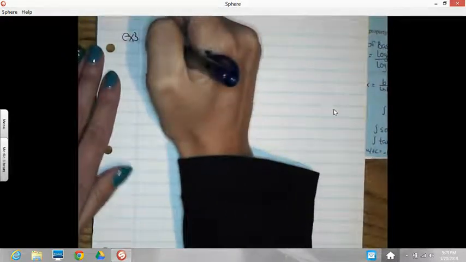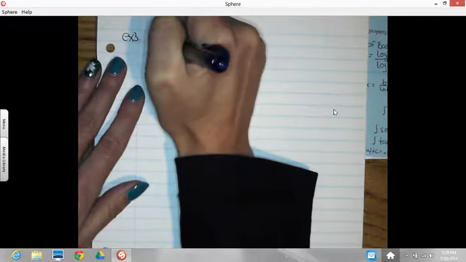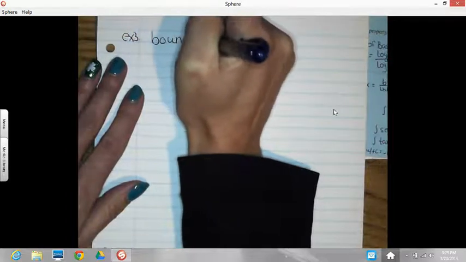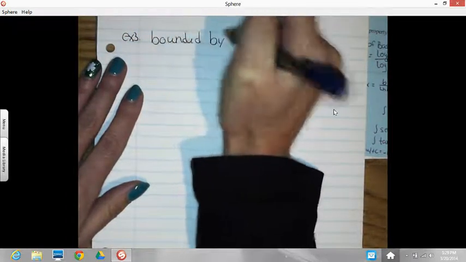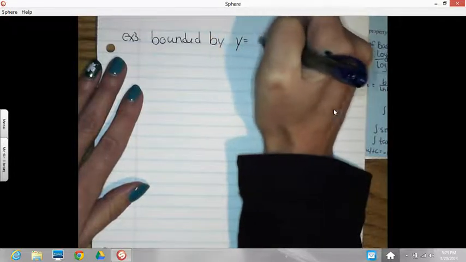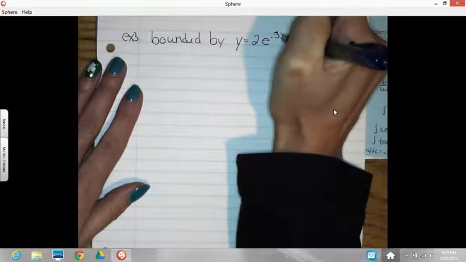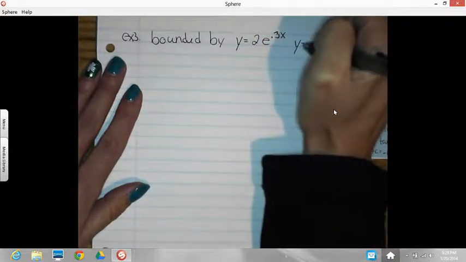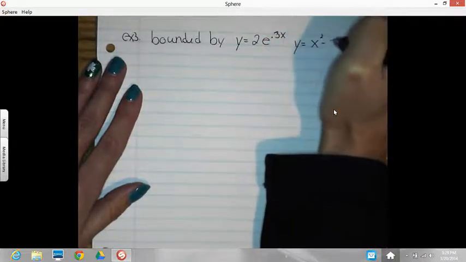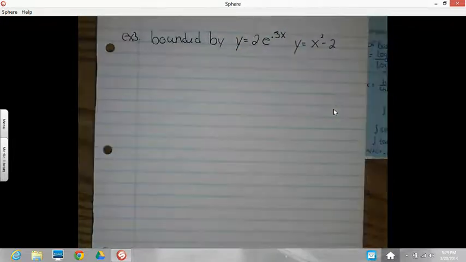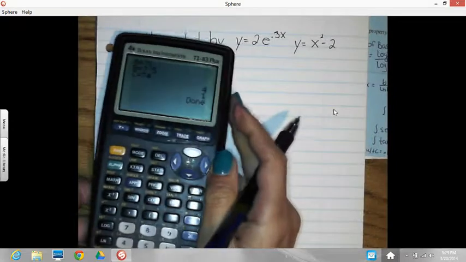Okay, find the region bounded by y equals 2e to the 0.3x and y equals x squared minus 2. Graphing both of those, you can grab our handy dandy grapher here because both are in y equals form.